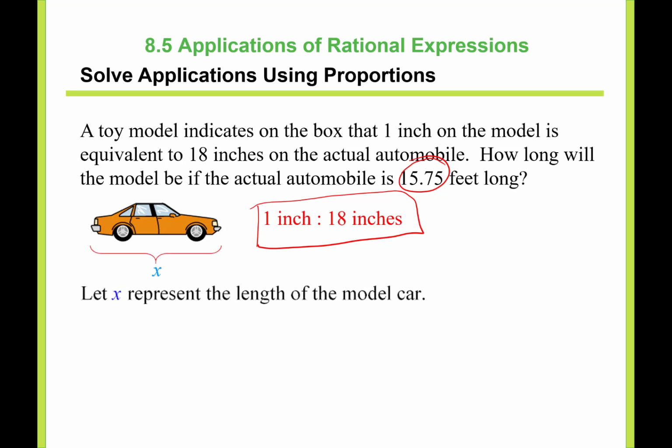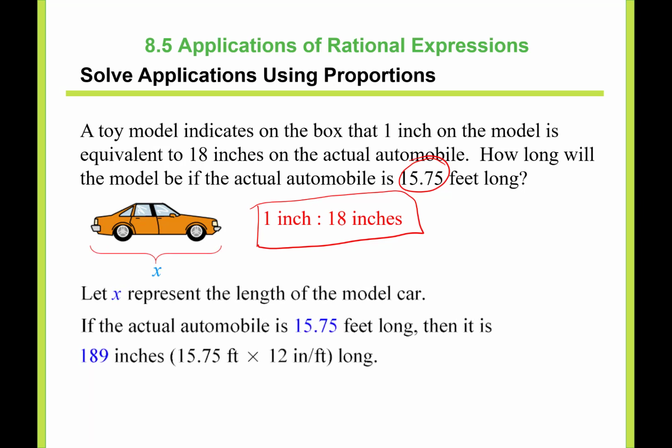Converting that would be simply multiplying by 12, and I'm going to get 189.